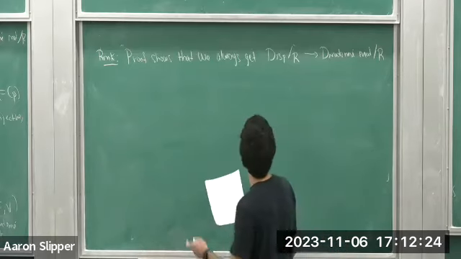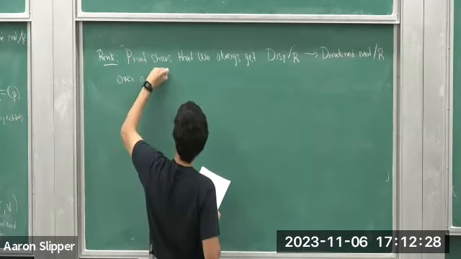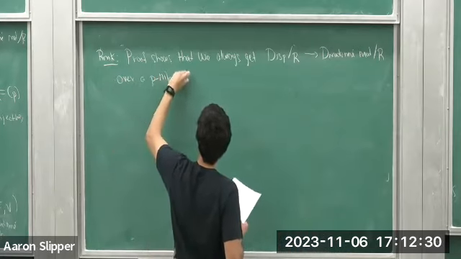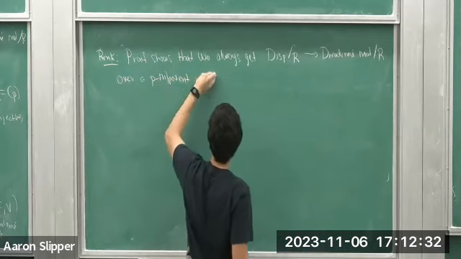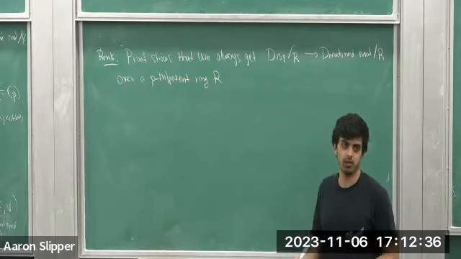So over a P multiplication. But I guess when there's P torsion in the Witt vectors, then this functor does not need to be fully faithful.